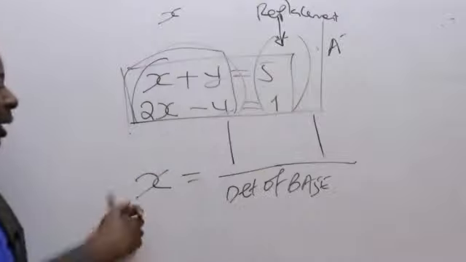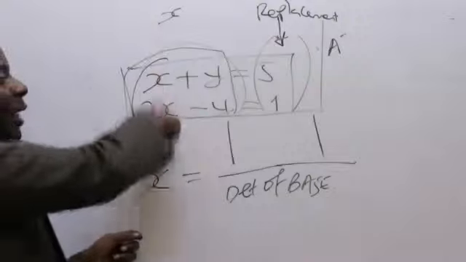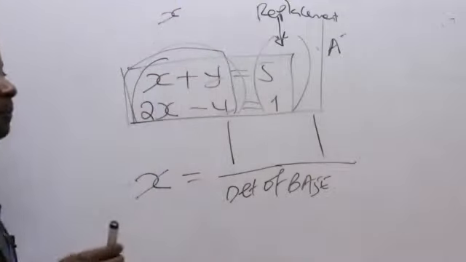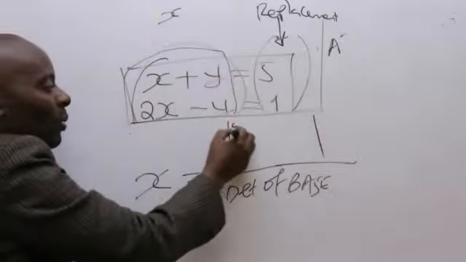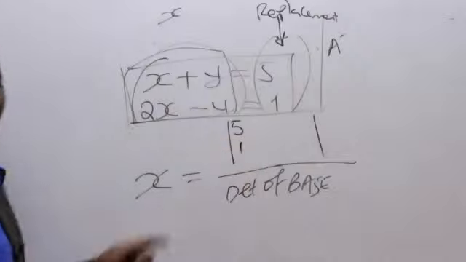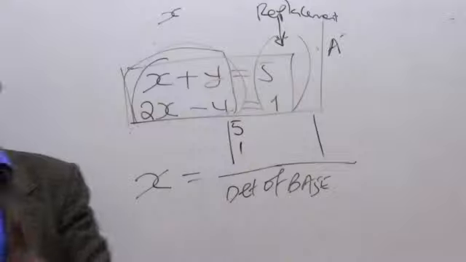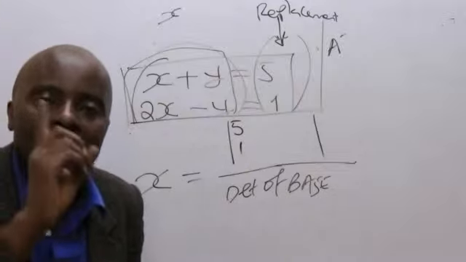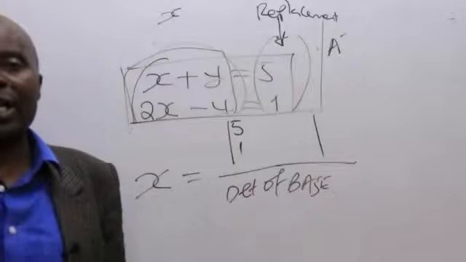Ladies and gentlemen, the first value that I want to get here is the value of x. So the column of x has to go, and then in its place, we shall put the replacement. So the first column will not be x column. The first column will be the replacement, which is 5 and what here? 1. Listen again to me very well. These columns can only disappear one at a time. You can't have two just disappearing like that.